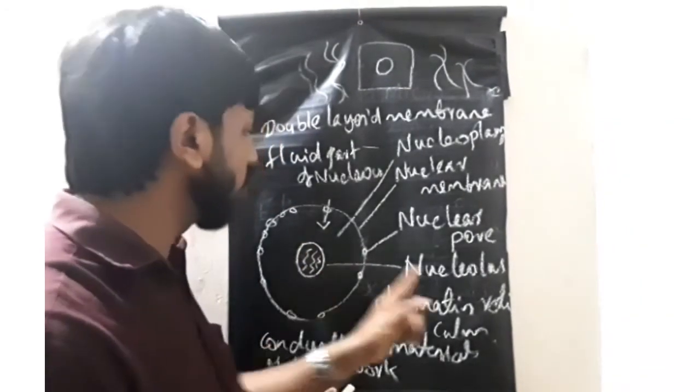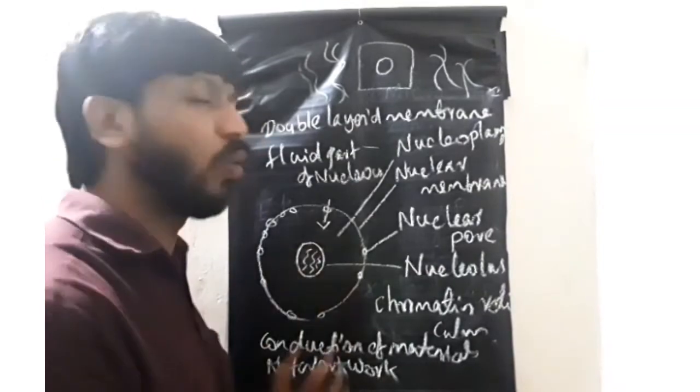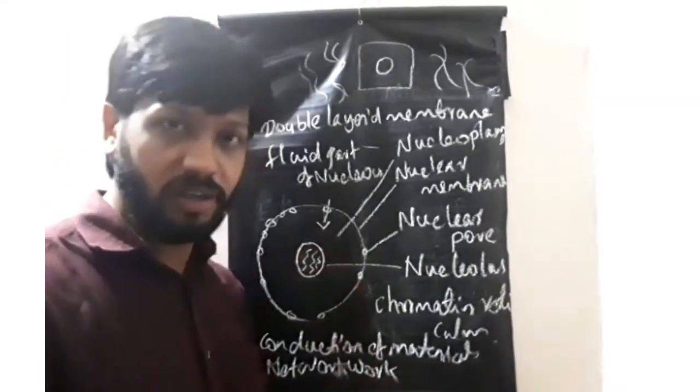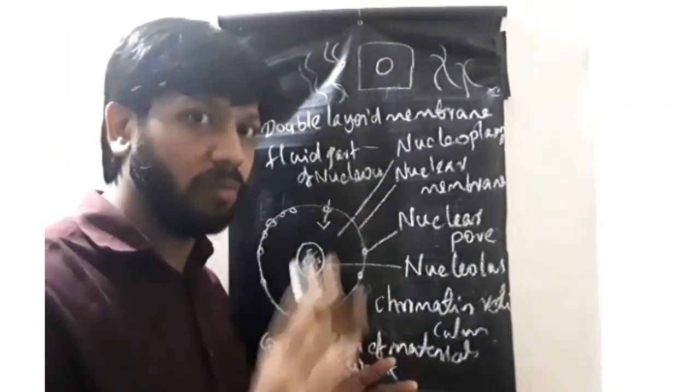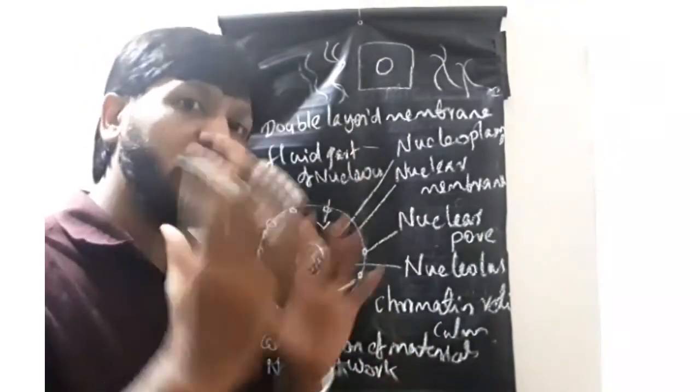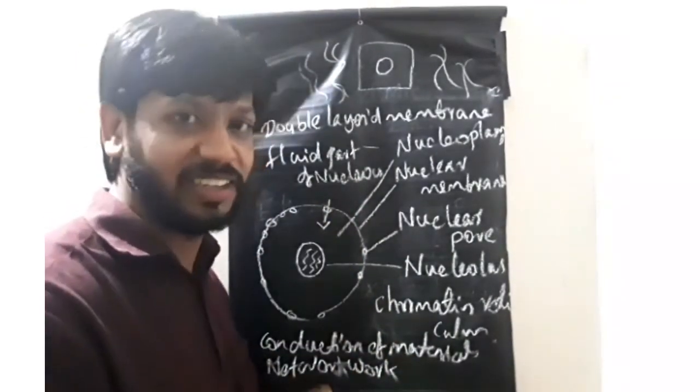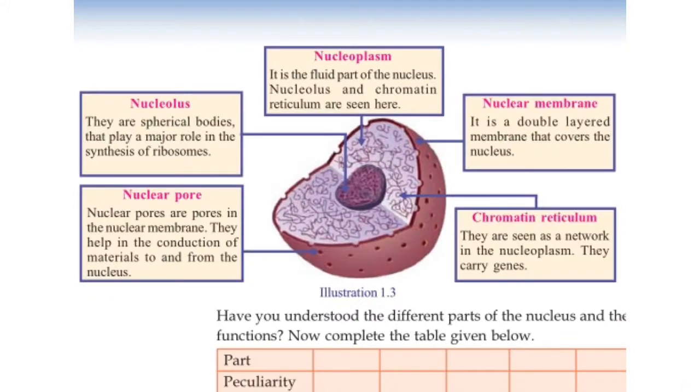The center is called the nucleolus. Inside the nucleolus we can see chromatin reticulum, in the form of a network, carrying genes.